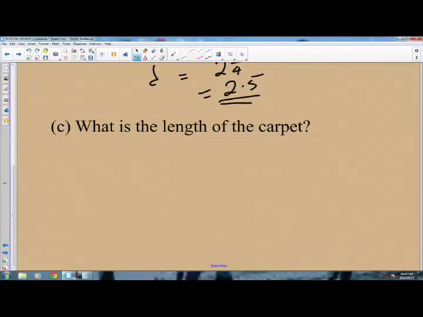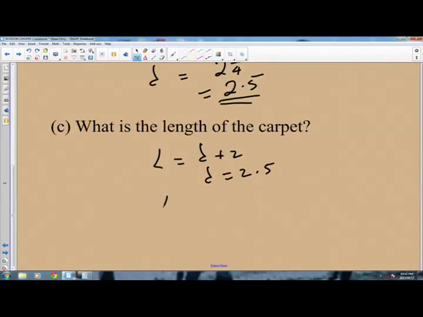And we are told that the length of the carpet is given as d plus 2. That is the expression for the length of the carpet. But then our d is equal to 2.5. So we will simply substitute 2.5 for d.